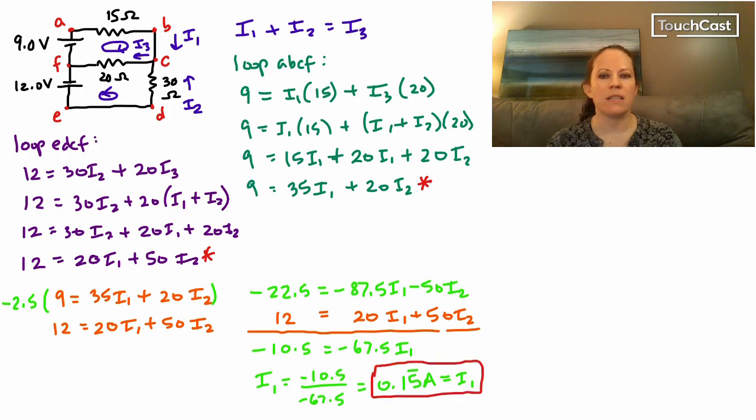So now I can take any one of my equations that involved I1 and I2 and make a substitution for I1. And I'm going to go ahead and make that substitution into my 12 equals 20 I1 plus 50 I2. We'll go ahead and get another color in there to help show that.